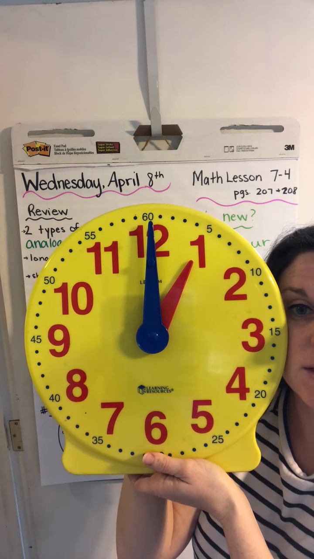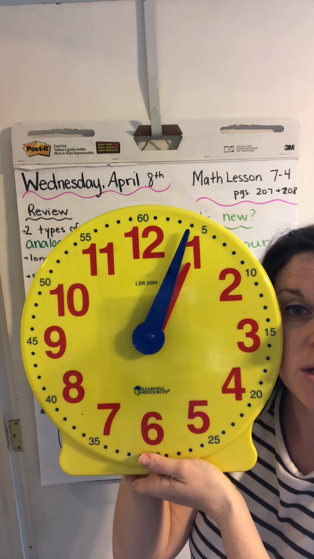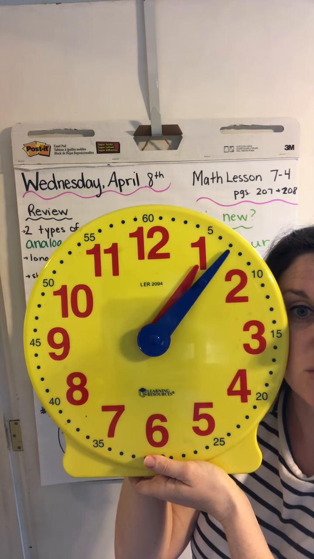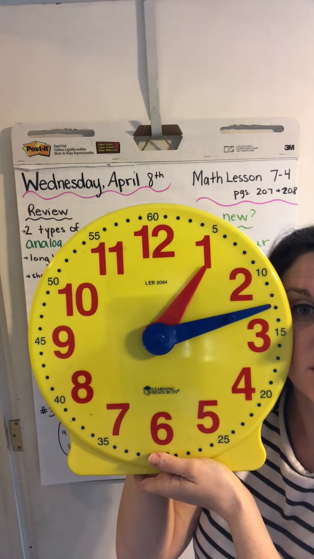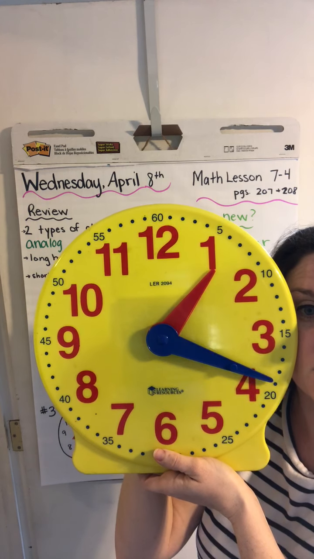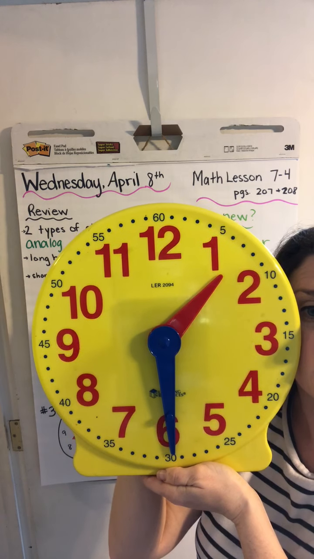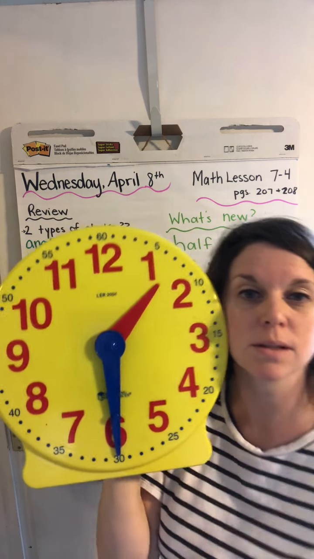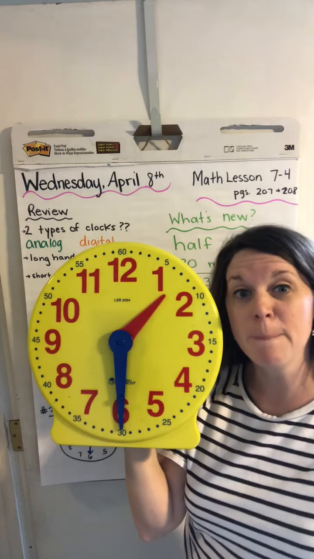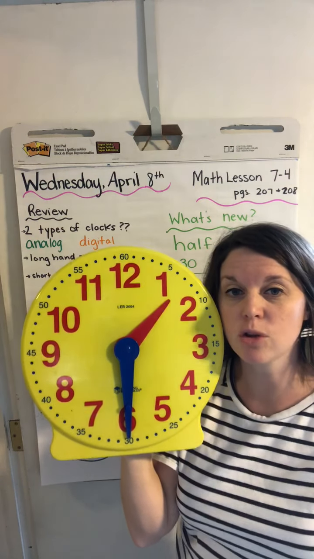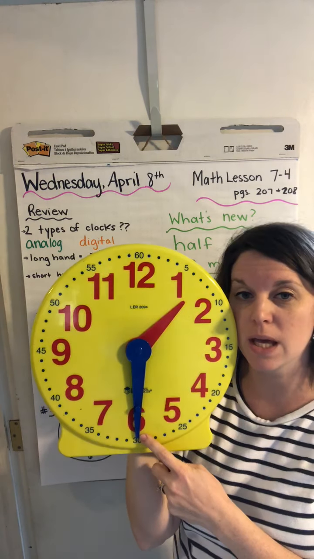Watch what it does as our time moves, okay? Watch the red hour hand. It's happening slowly. Okay, so what happened? Yep, it moved. The red hand moved just like the blue hand moved.